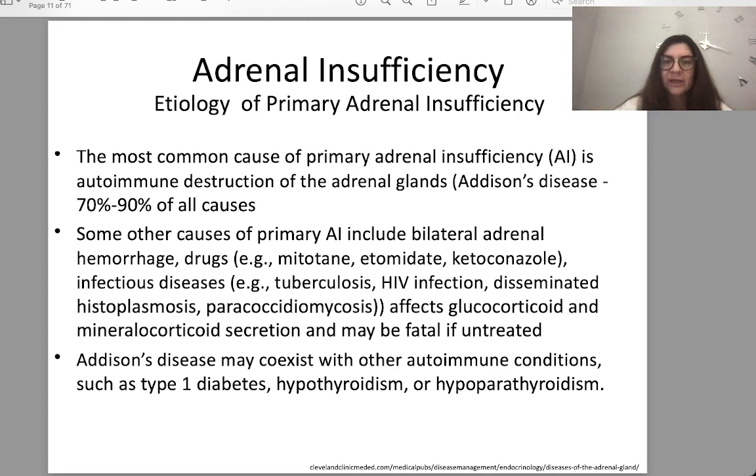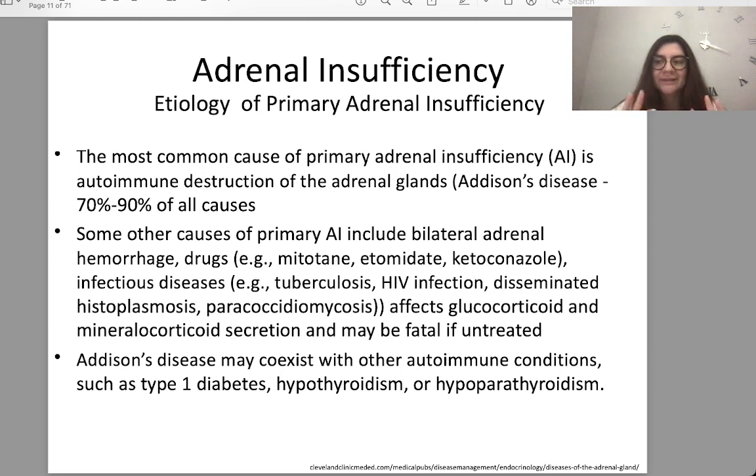All these factors can affect glucocorticosteroid and mineralocorticoid secretion and may be fatal if untreated. It is a really serious illness. Addison's disease may coexist with other autoimmune conditions such as type 1 diabetes mellitus, hypothyroidism, and hyperparathyroidism. And if you stop on it and think a little, all these diseases are autoimmune.